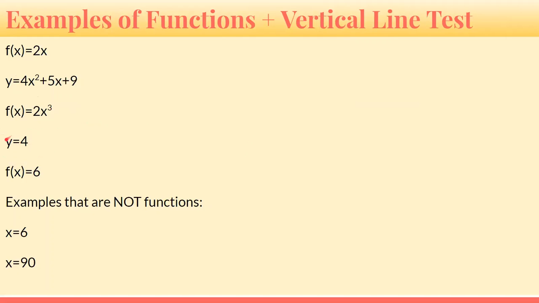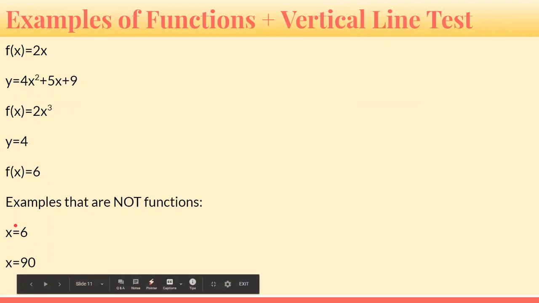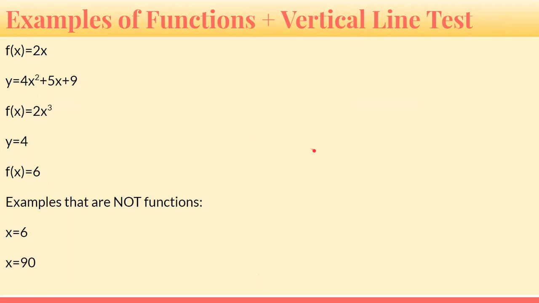So that's also a function. And f of x equals 6. This is also a function over here. And these are some examples that are not functions. So we have x equals 6, x equals 90. Basically, if you have x equals any number, then it's not a function. So actually, let's go to our graph and let's see why that's the case.